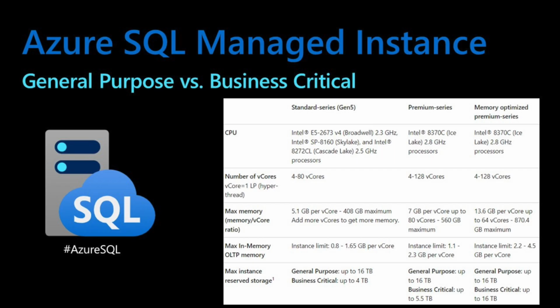So for those use cases where you have a very compute intensive workload and you need more than 80 vCores, that may be one of the key reasons why you might want to consider going with the business critical tier and choosing either the premium series hardware or the memory optimized hardware.